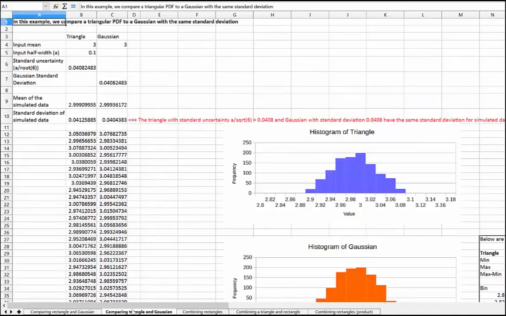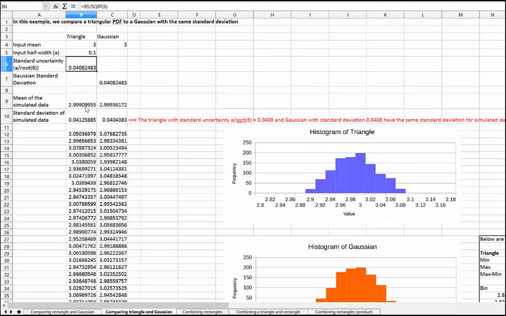Okay, moving on to a triangle, and the Gaussian would do the very same sort of thing. The triangle is going to have an input mean of 3 and a half width of 0.1, which means the standard uncertainty for the triangle is going to be that 0.1 divided by the square root of 6.